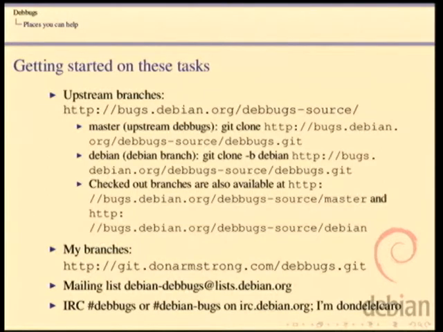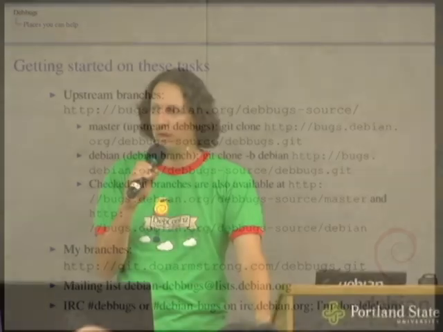The Debian branch is the branch that's actually running on bugs.debian.org, and you can check that branch out. The branches are also checked out if you just want to browse exactly what's running. If you want to follow what I'm doing, my branch is at git.armstrong.com/deadbugs. I generally try to keep them in sync with what's on bugs.debian.org, but sometimes I'm running behind.